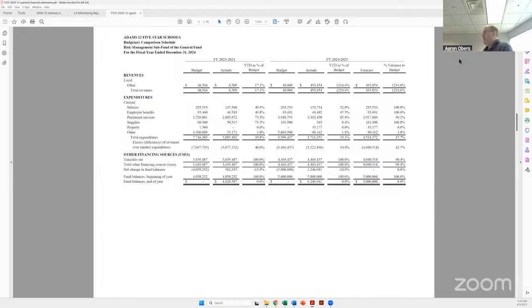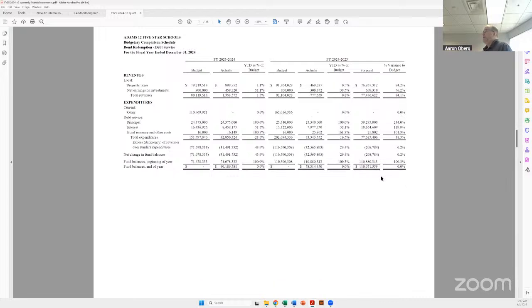And then our risk fund, where we will end with an assigned fund balance of $5 million, which we feel fairly represents the potential for guarding against any unknown risk.